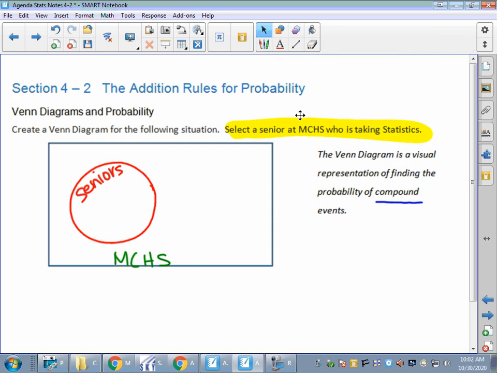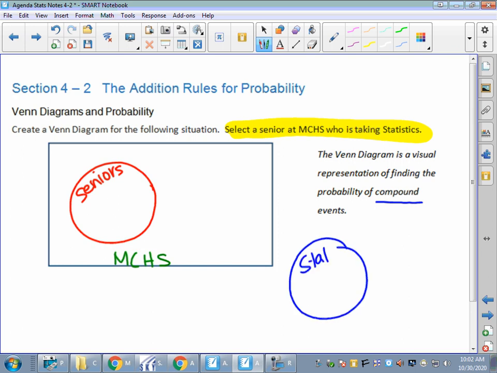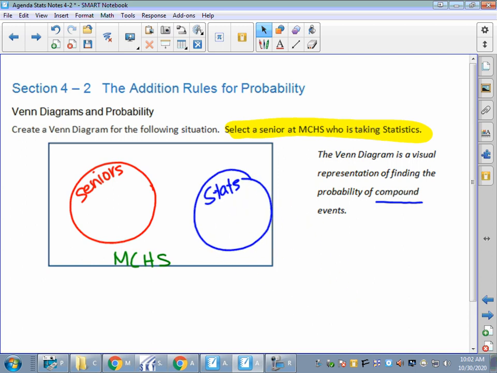Now, if I'm going to make another little bubble for the people who are taking stats, let me make it over here. So stats has to be Marine City High, right? So that's going into that Venn diagram. Is it standalone? Are seniors also in stats? Are stat students also seniors, right?